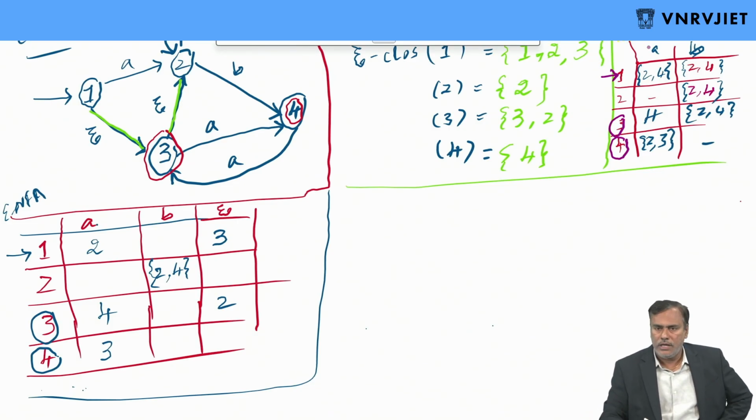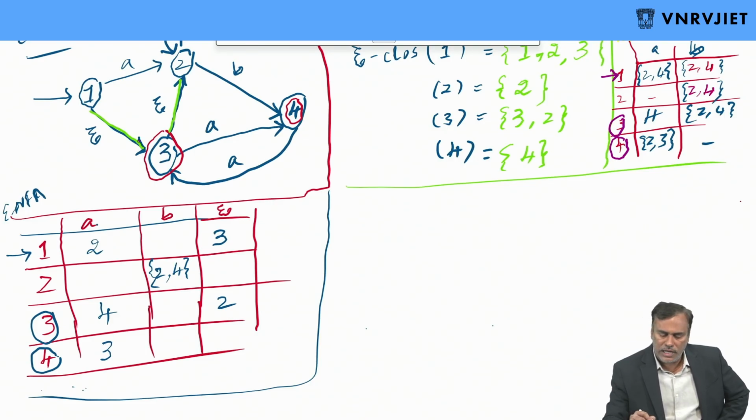in NFA. And one more important thing you have to remember. From the start state, which in epsilon NFA is 1, if you can reach any one final state only on epsilon transitions, then you have to treat that start state as final state. So here the start state is 1. From 1 I can reach on epsilon the state 3, and state 3 is a final state.